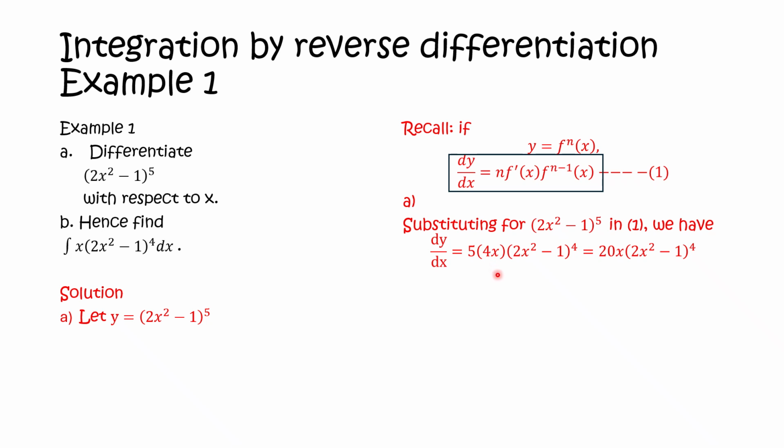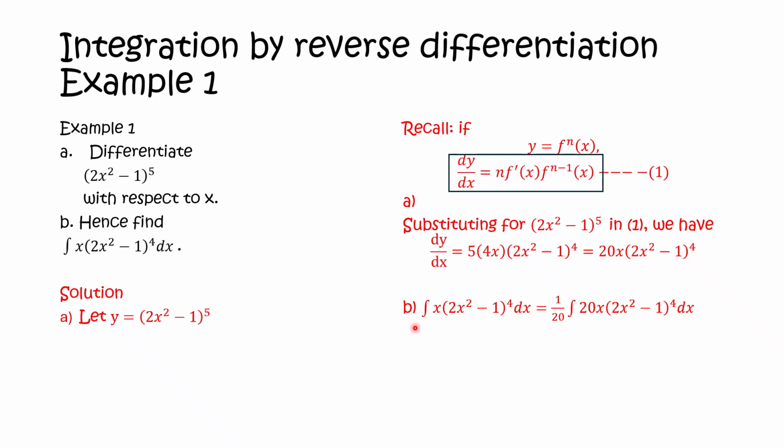That is to say, dy/dx is 5, the n, times the derivative f'(x), 4x, times the function f(x), (2x² − 1), raised to the power n − 1, which becomes 4 in this case. We simplify what we have, we get 20x(2x² − 1)^4. That is our differentiation. That answers part A. We move on to part B.